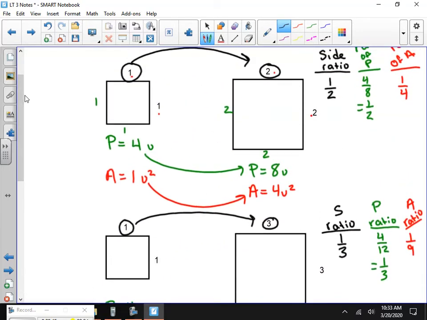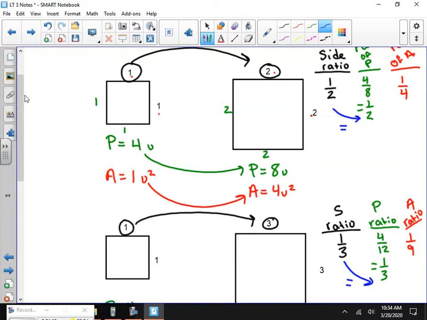In the first problem, I want you to take a look at the side and the perimeter. What do we notice? They're both equal. The ratio of the sides and the ratio of the perimeter are equal, and that's because I'm using the sides to find the perimeter. I'm just adding up all the sides, so their ratio simplifies down to the same number. We have to keep that in mind.